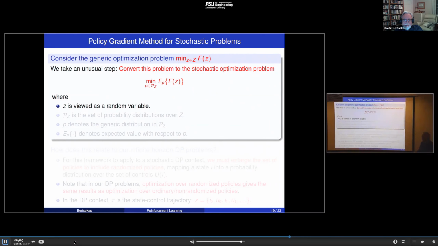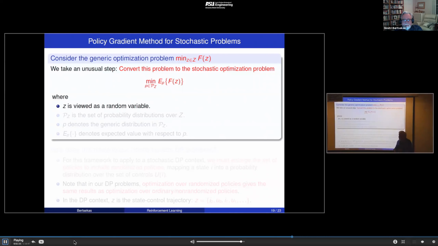And we take a radical, unusual step. We convert this perfectly deterministic problem to a stochastic problem involving an expectation. And instead of minimizing over the z vectors, we minimize over probability distributions over the z vectors. We randomize the problem, even though it's deterministic at an abstract level.